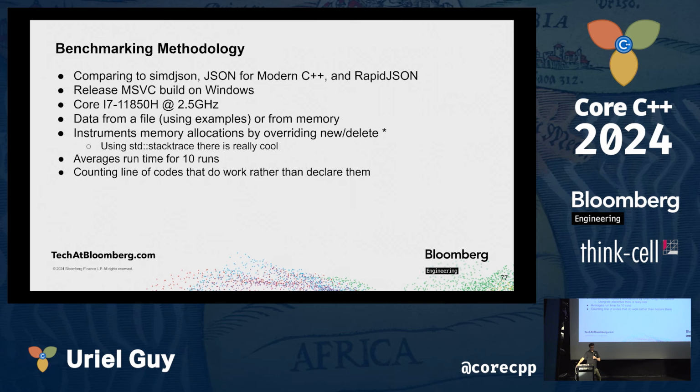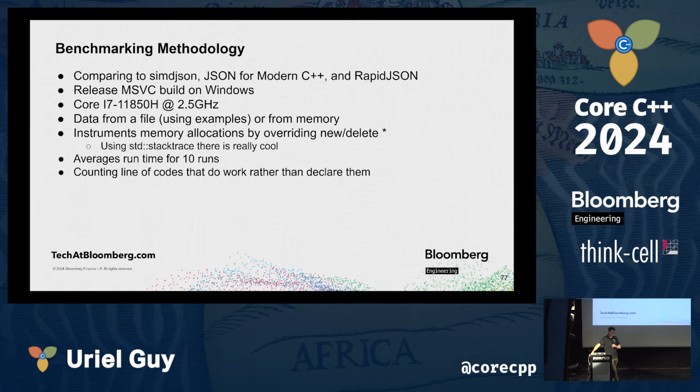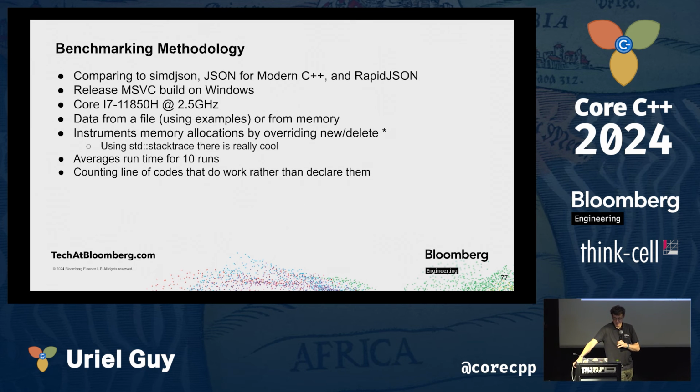All of the examples were those drone shows. I tested it in two ways. One was reading from a file. One was reading from JSON that was already in memory. Instrumentation was done by overriding new and delete, other than RapidJSON, which uses mallocs directly, so that there was a hooking point there to catch those allocations, and averaging 10 runs.